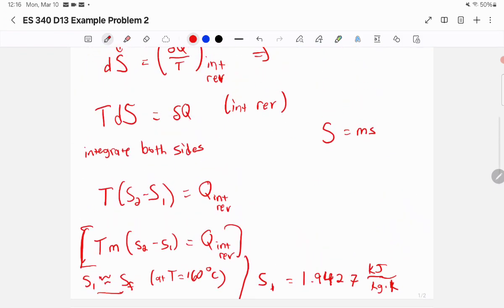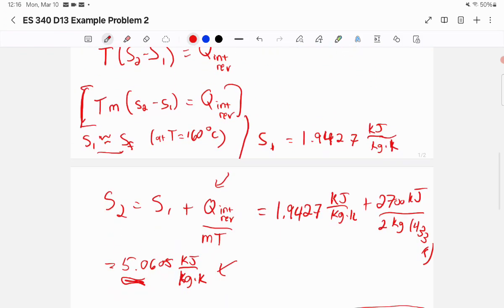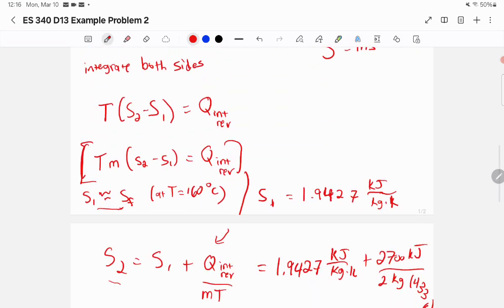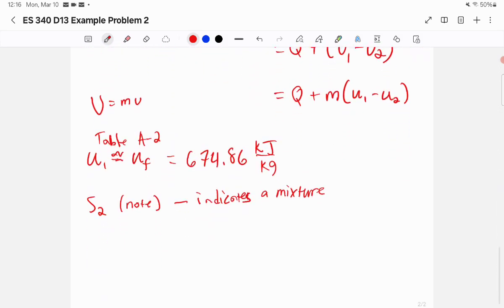The value that we get for S2, at that temperature, at 160 degrees Celsius, ends up being a mixture. So since that is the case, we're going to have to find the quality.